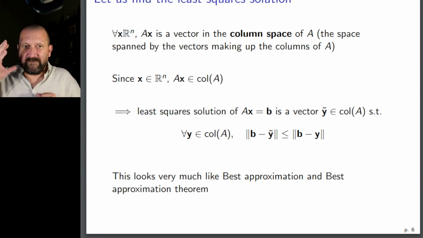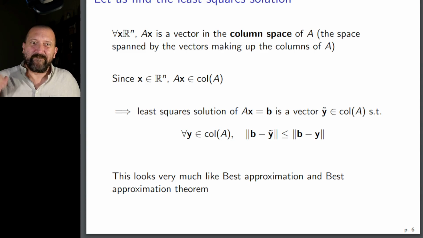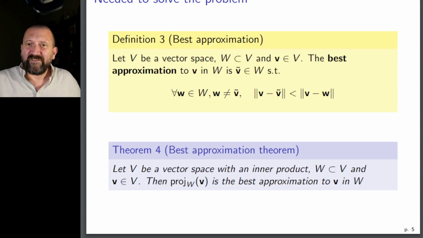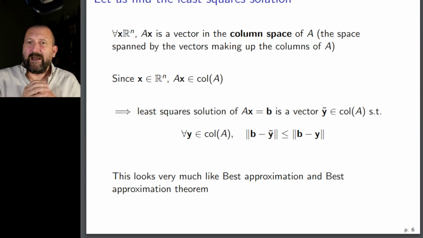And if you flash back to a slide ago, this looks remarkably like what we wrote on this slide, okay? And I'm going to show you how you would put these two things together.